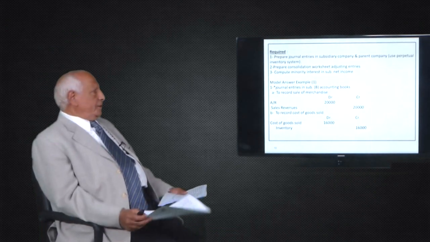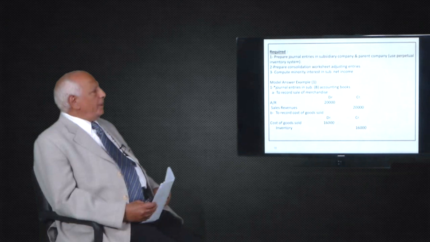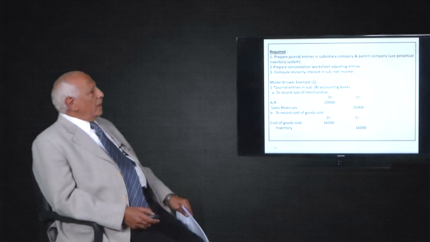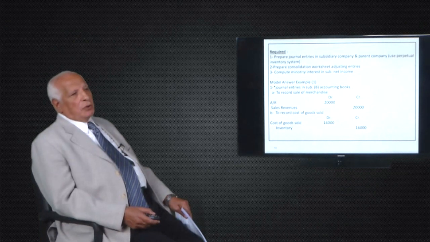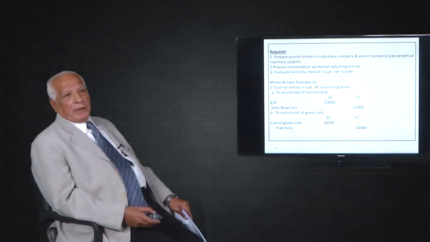What's required here? We need to prepare journal entries in the subsidiary company and the parent company. Use perpetual inventory system. You have to know what we mean by perpetual inventory system. Remember in accounting 1 and accounting 2, we have two systems for inventory: periodic inventory system and perpetual inventory system. What's the difference?